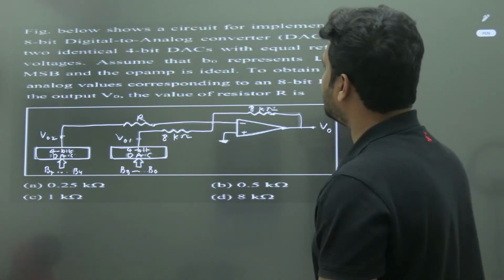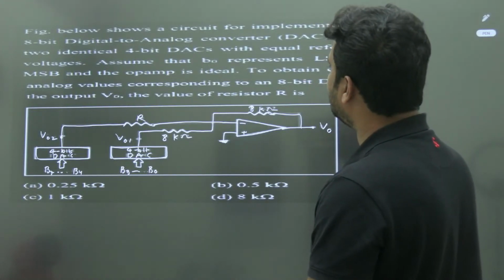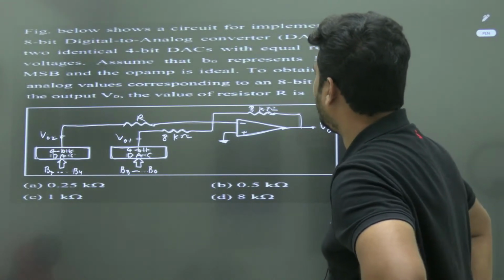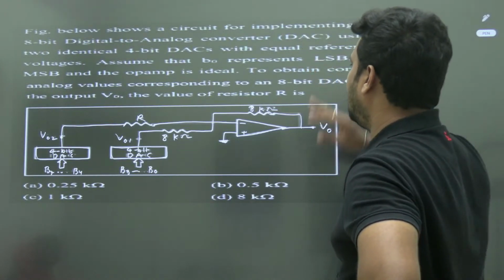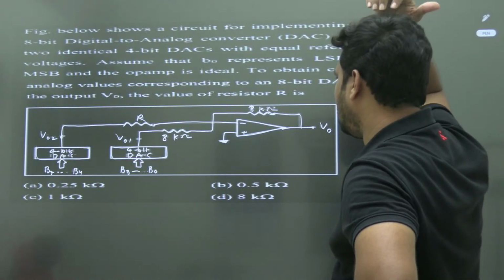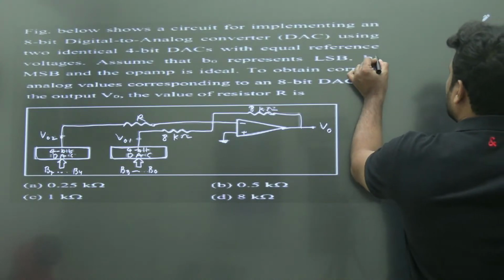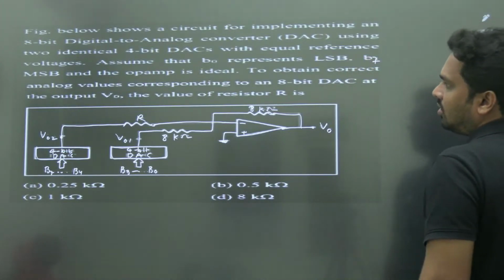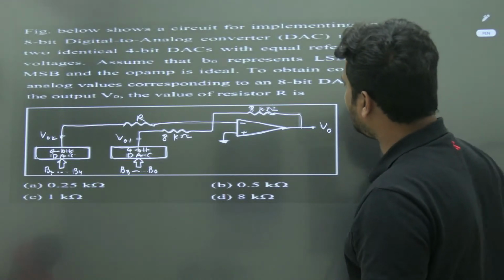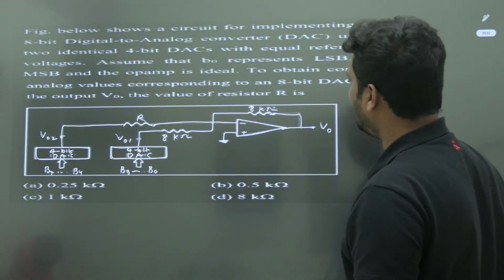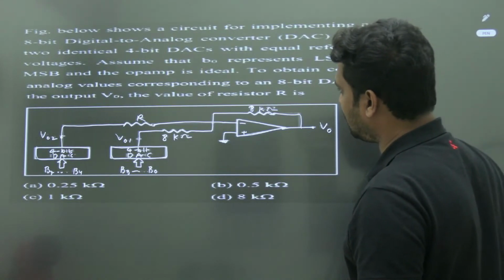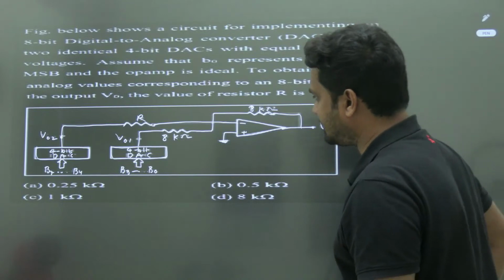First read the question. It shows the implementation of an 8-bit DAC using two identical 4-bit DACs with equal reference voltages, so equal resolution also. Assume that B0 represents the LSB, B7 represents the MSB, and the op amp is ideal. To obtain the correct analog values corresponding to an 8-bit DAC at the output V0, the value of R will be simple, very simple.